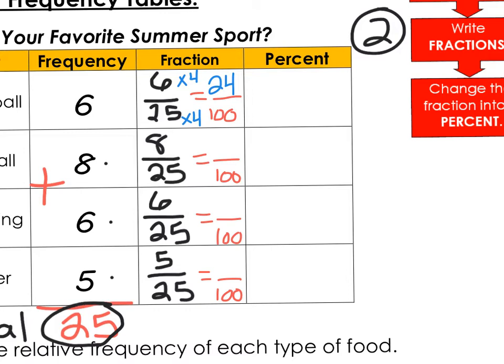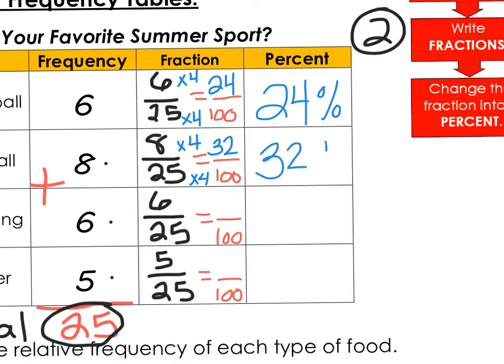So 6 over 25 would be 24%. And same thing here, 25 to 100, that's going to be times 4. So whatever I do to the bottom, I'm going to do to the top again. And 8 times 4 is 32. So 8 out of 25, that's 32%.